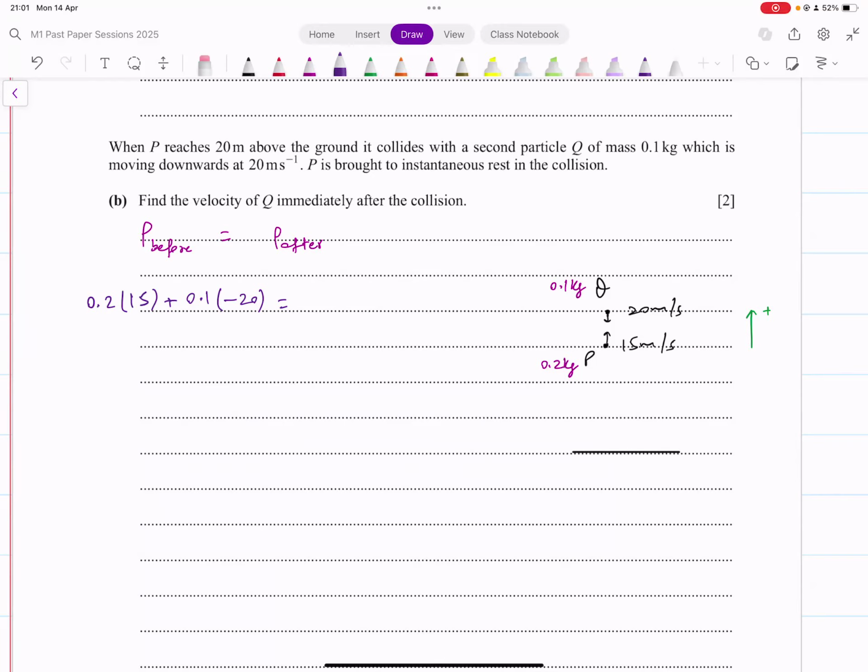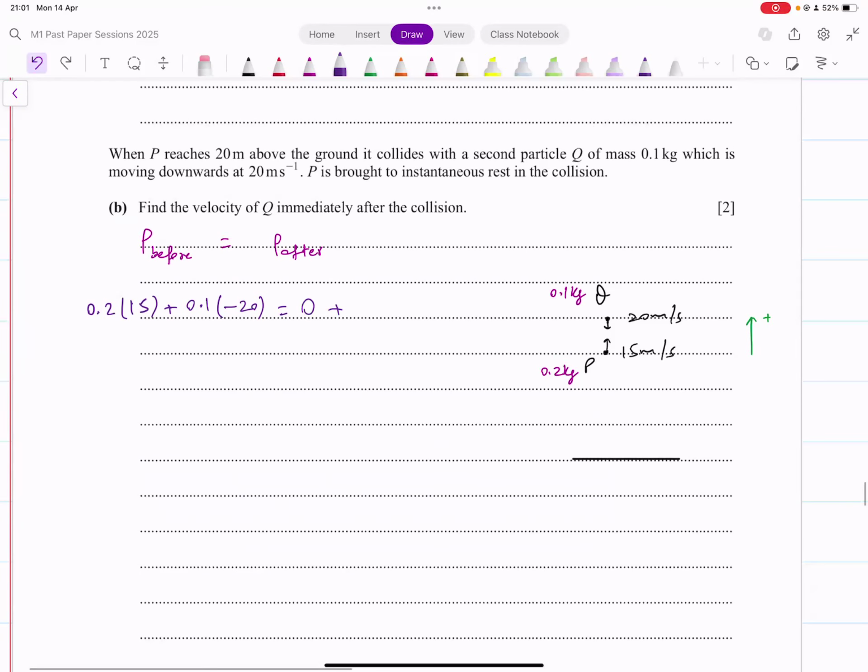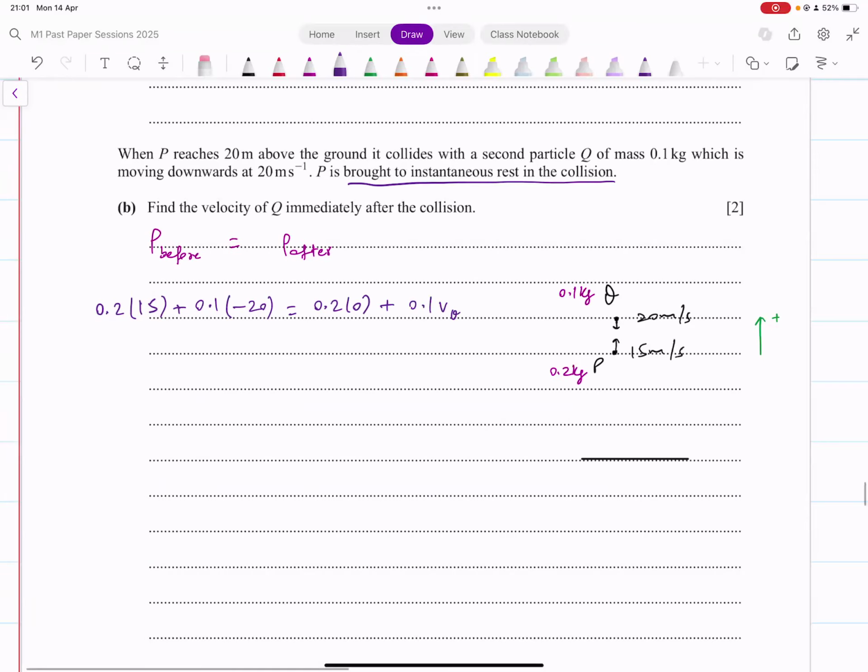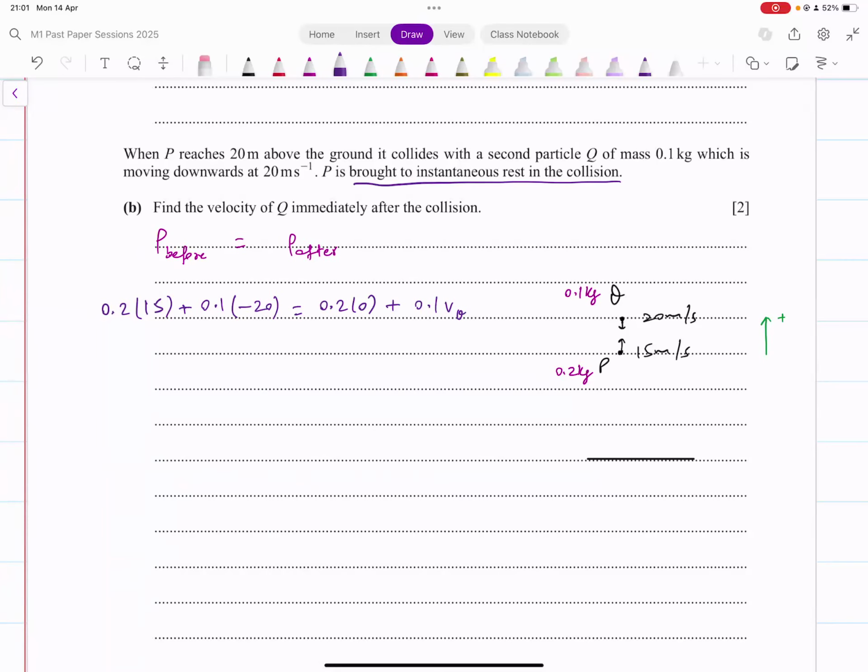Velocity of P after collision is just 0. So its momentum is also 0, right? 0.2 into 0, because it says P is brought to instantaneous rest in this collision. What's the velocity of Q? That's 0.1 times VQ. That will give you the value of VQ. You can see what that is. This is going to be 3 minus 2. That equals 0.1 VQ.